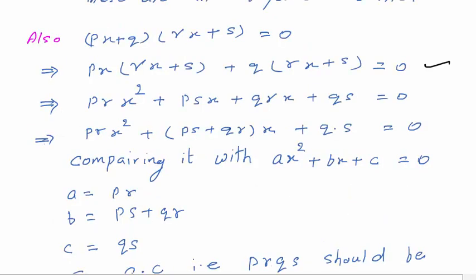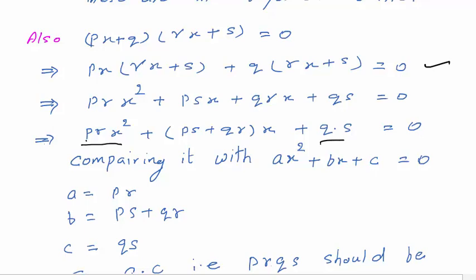As we elaborate, we get pr into x square plus ps into x plus qr into x plus qs. Now I collect all the x square term, x term and constant separately. So I get pr x square, ps plus qr into x, and qs.